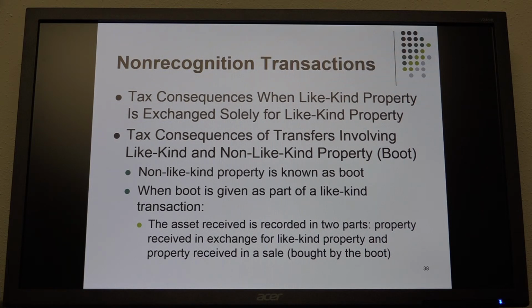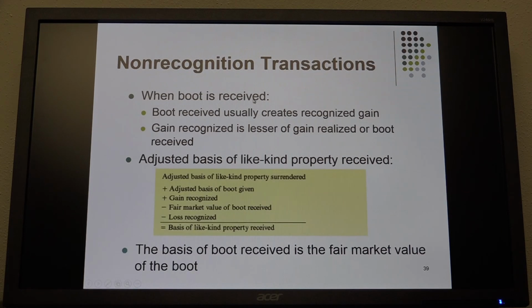Well, cash is not like-kind property, and so what's the effect of that? Well, the non-like-kind property is known as boot. Why, I have no idea. When boot is given as part of a like-kind transaction, the asset received is recorded in two parts: the property received in exchange for the like-kind property and the property received in a sale, meaning bought by the boot.